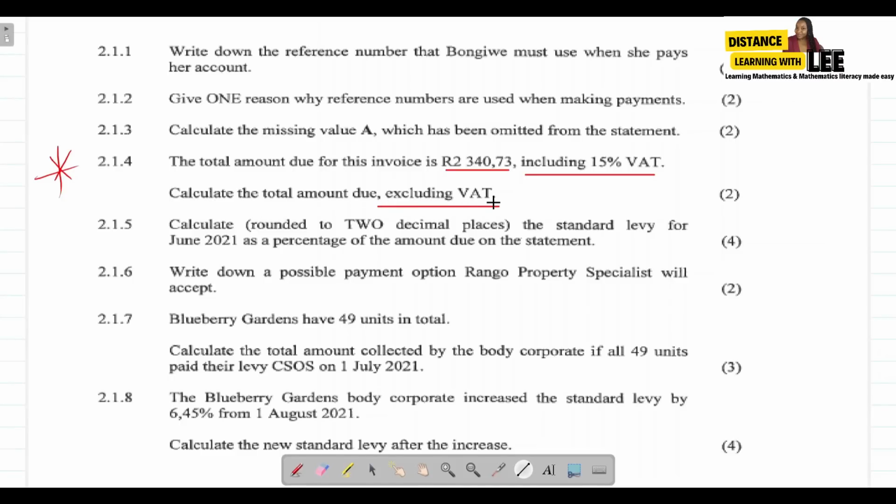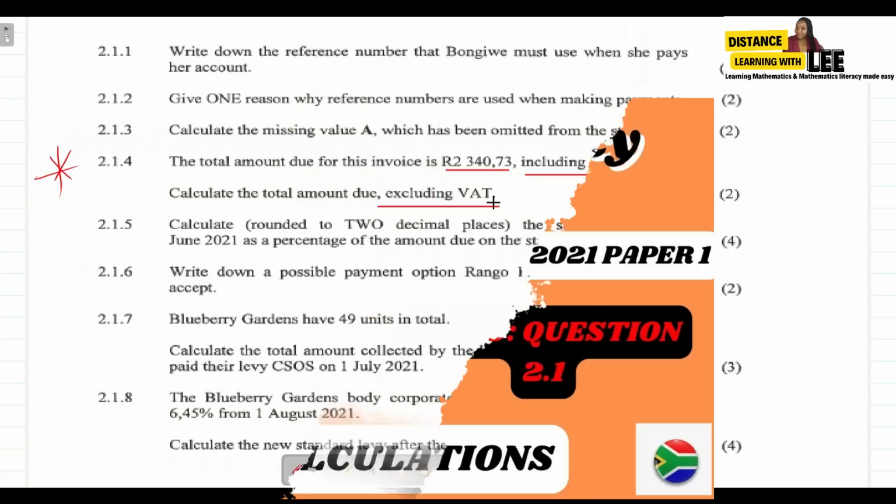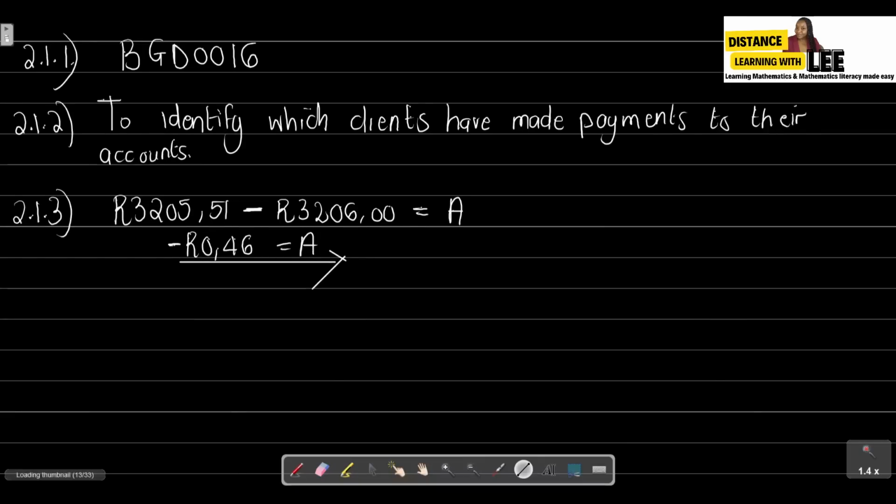This question is also important. I'll also put a link to a similar video tutorial where we calculate VAT, and you need to understand this method. So, question 2.1.4.